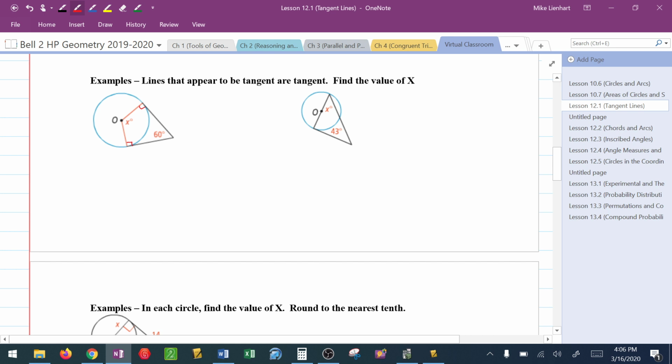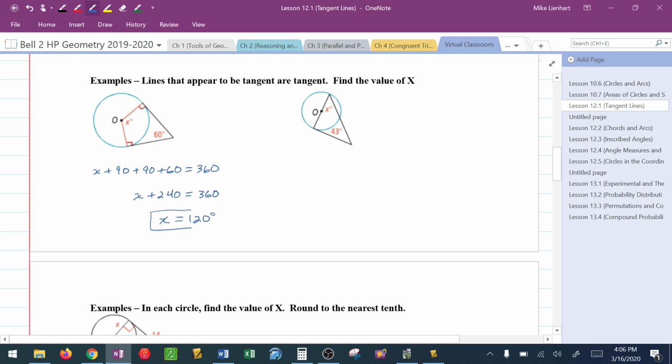To find x, I know that x plus 90 plus 90 plus 60 has to add up to 360, since the four angles of a quadrilateral add up to 360 degrees. So x plus 240 is 360.